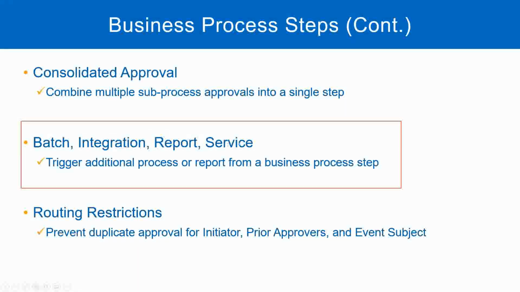We will use this integration, report, service and batch when we talk about the integration business process. Service we will use here as well, as part of the hire business process and as part of ACM. But integration we will definitely use when we are creating our integrations. So the point is, from within a business process, you can also trigger these types of additional processes.